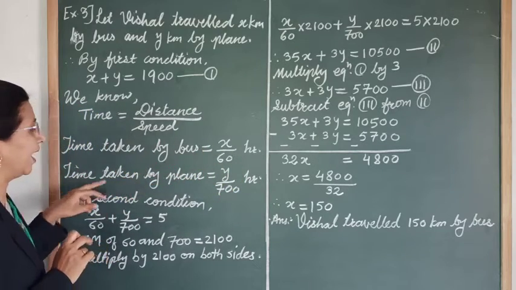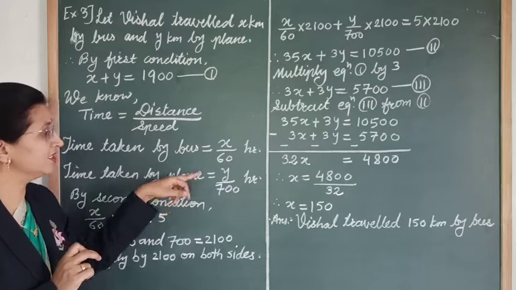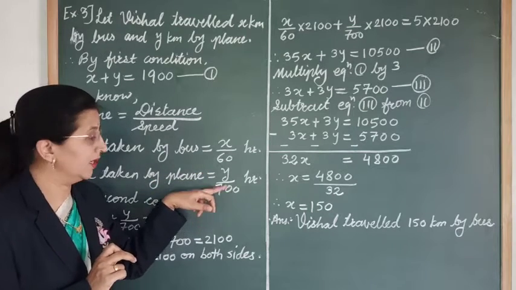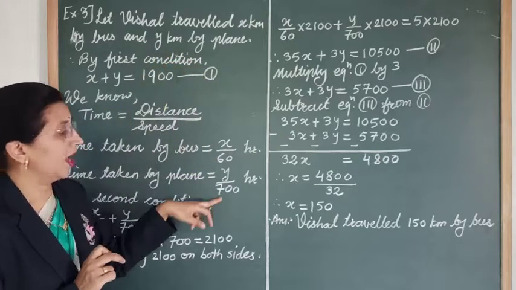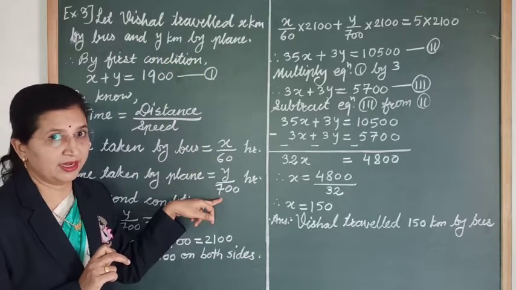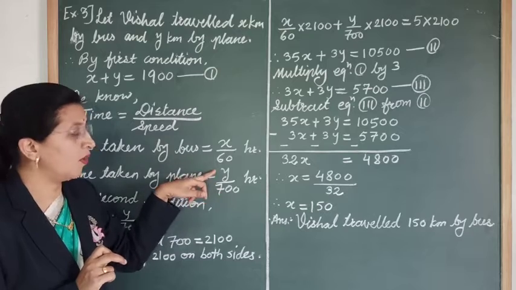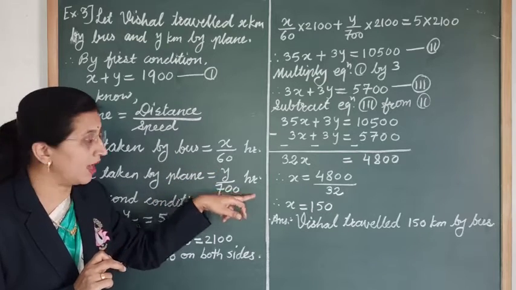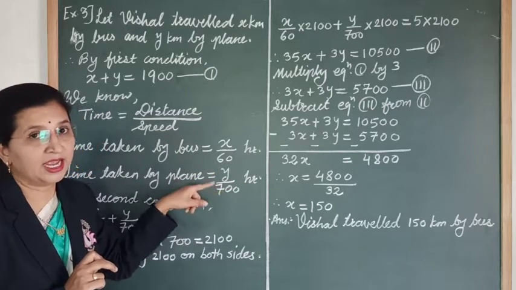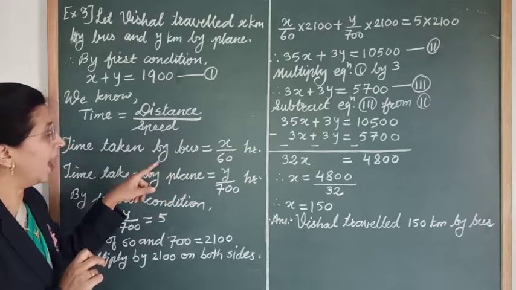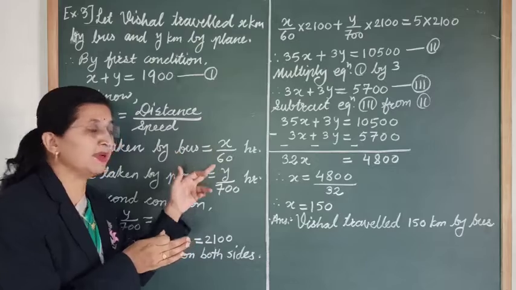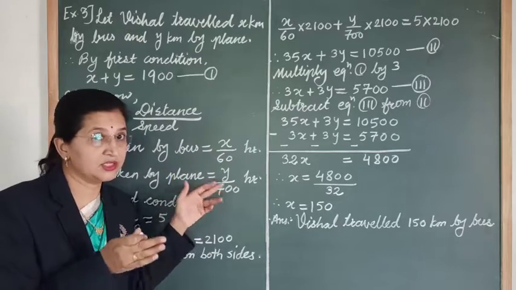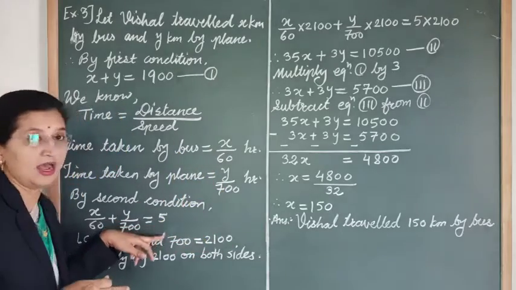Similarly, time taken by the plane, that is distance upon speed. Distance covered by the plane is y, upon its speed of 700 km per hour. So y upon 700 hours is the time taken by the plane. And the total time is given: time taken by the bus plus time taken by the plane, this total time is given as 5 hours.